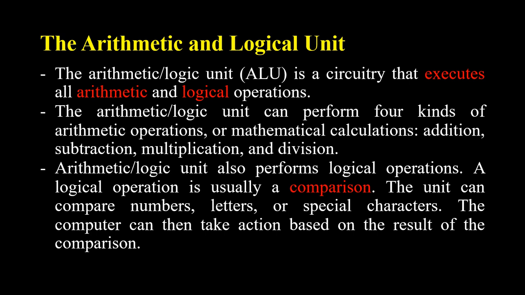Then when they arrest suspects, they will compare the fingerprints obtained from the crime scene and those of the suspects. If they match, they will know a thief is here. Otherwise, you may need to continue with further investigation. So all these comparison activities can be performed by this arithmetic and logical unit.